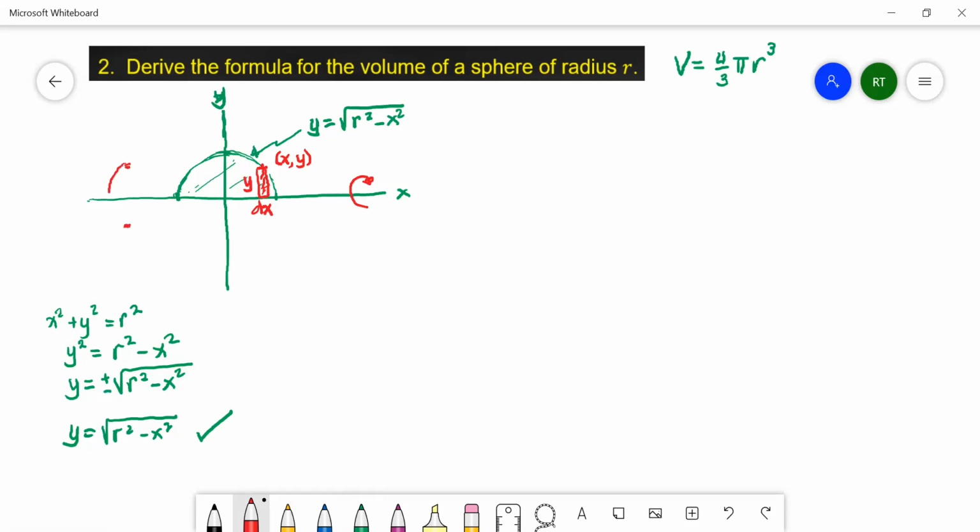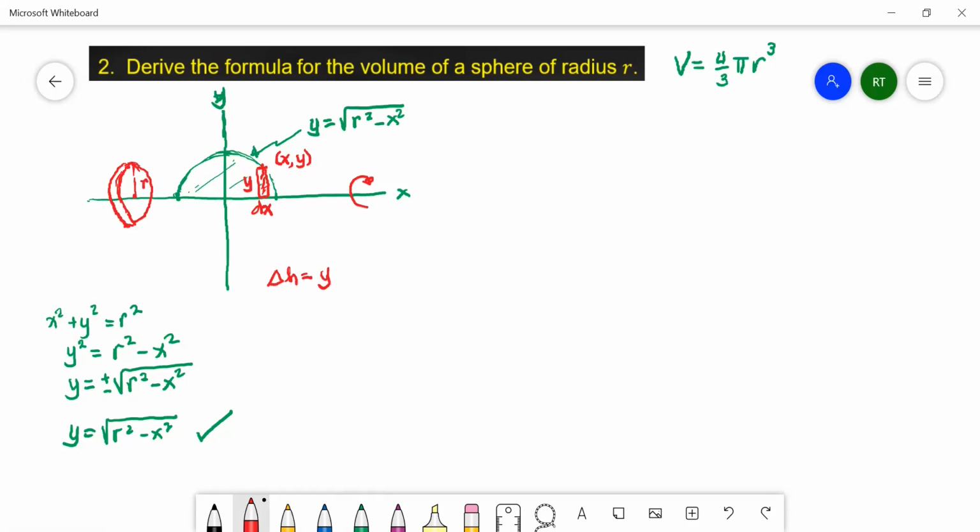So let us draw the circular disc. Now I want you to always show the element revolved about the axis of revolution. So you have to draw the circular disc whose thickness is delta x, okay? And of course, the length of the element is y, and the radius of the disk is equal to, okay, this is the radius of the disk.